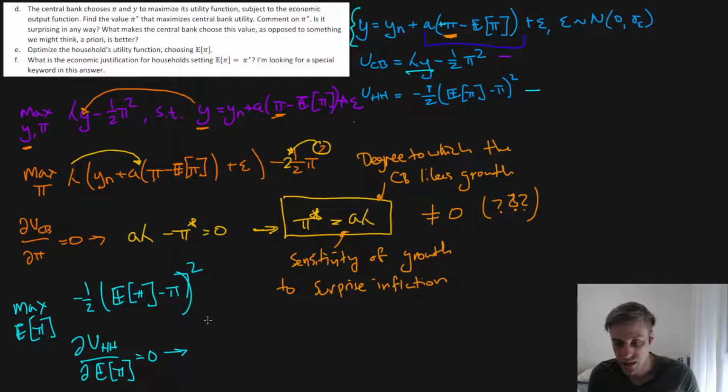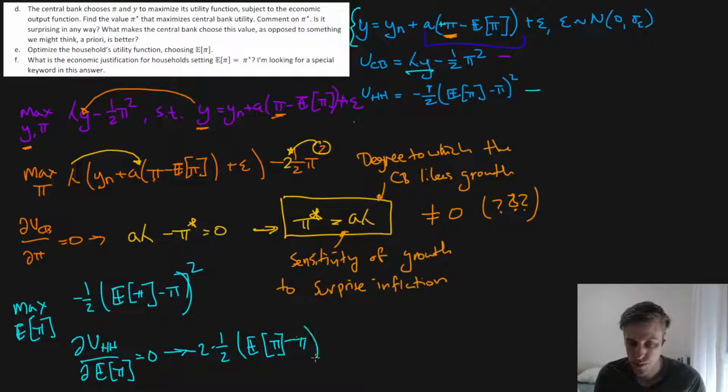Yeah, and then the 2 is going to come down. That's the derivative of the outside. I guess we can do it step by step, just to be very clear. The 2 comes down, we multiply by 1/2, and that's all negative. And then the inside rides along. You get expected pi minus pi. And then we have to take the derivative of the inside. This is going to be 1, this is going to be 0.